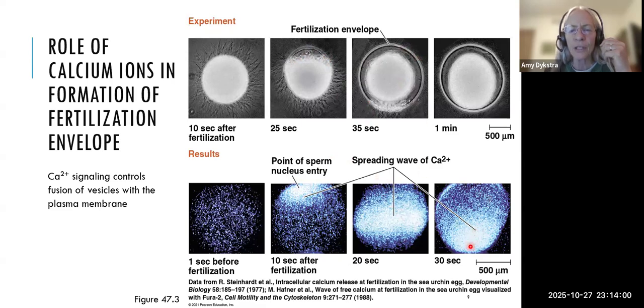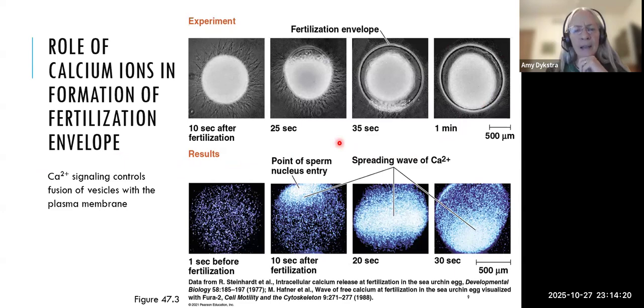And eventually the calcium ions have gone all through the cell, and the fertilization envelope can surround the whole cell. So this was really good evidence that calcium signaling is involved with the fusion of these cortical granules.